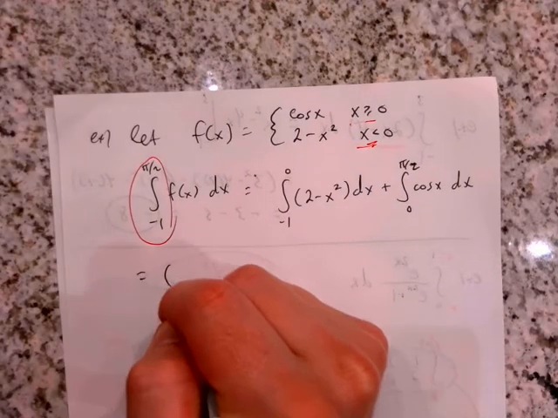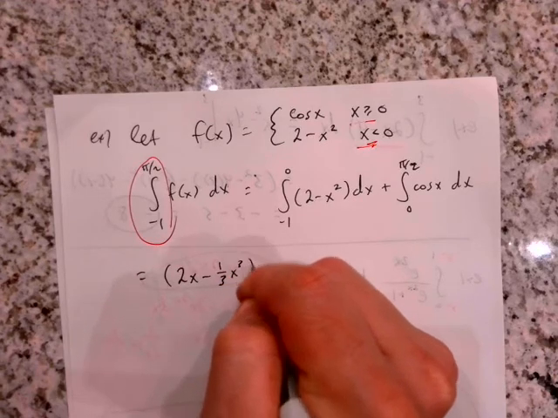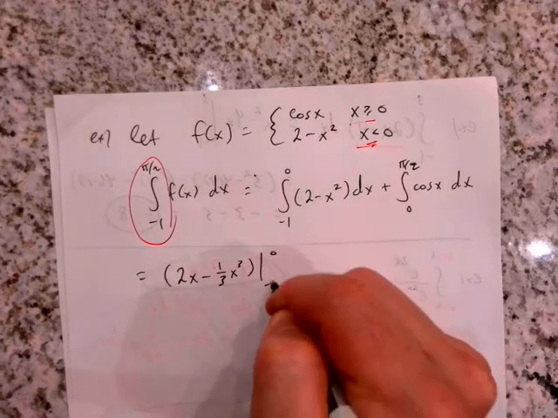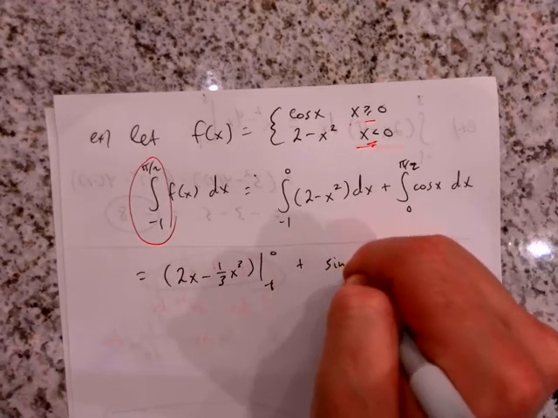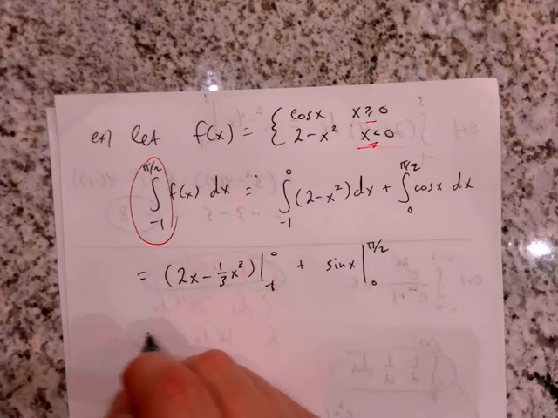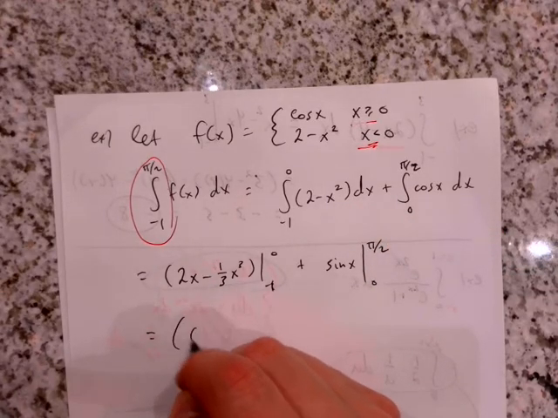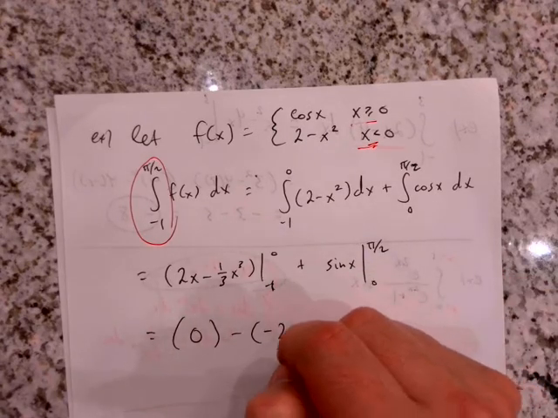So 2 minus x squared integrates to 2x minus 1/3 x cubed from -1 to 0. And then plus cosine x integrates to sine from 0 to pi over 2. And then you do each of those out. We get 0 minus -2 plus 1/3.